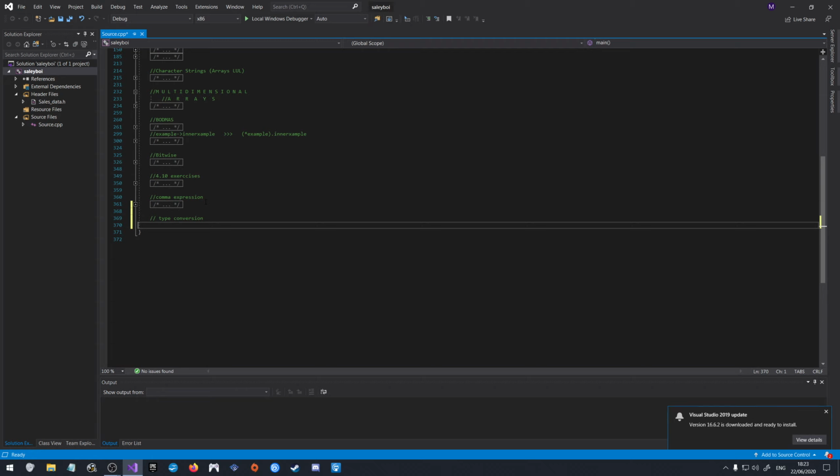Write the expression I star equals D, so I times equals D, so that it does integral rather than floating point multiplication.